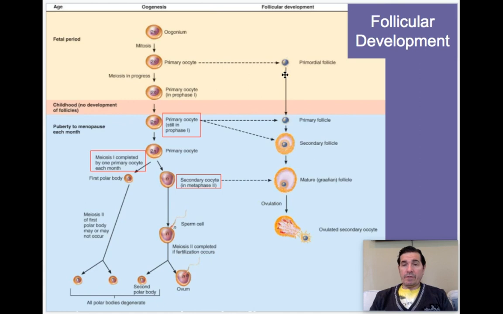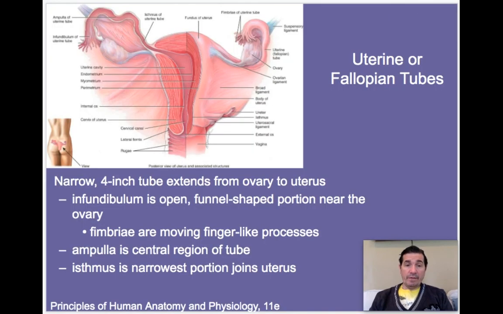And otherwise, this is what happens if fertilization does not happen, and that's what happens with the follicle. So this is happening with the follicle. This is what happens with the oocyte. Do I need you to know all those details? No, but I just want you to visually at least identify them.